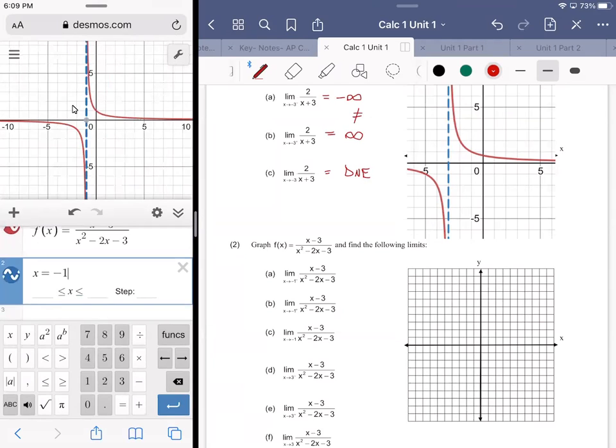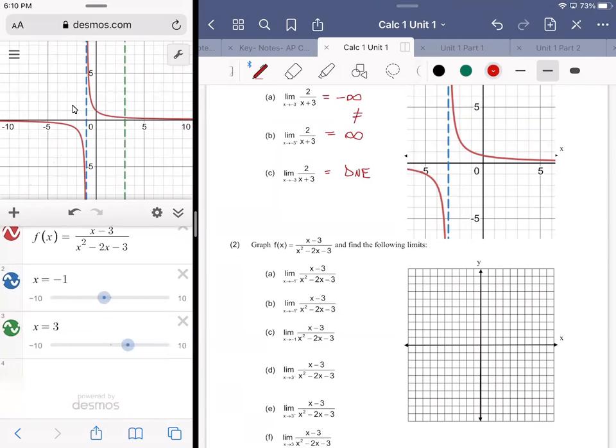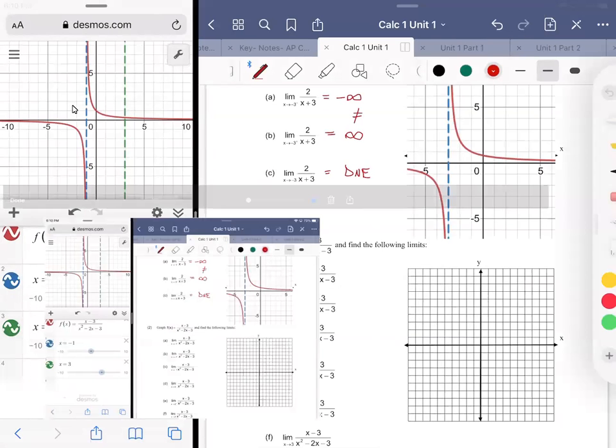But then it's also asking us to approach the x value of +3. So I'll put that in also. All right. So in the case of -1, and again, I'll just do the screen grab and pull it in there so we can have it. Nice looking graph.